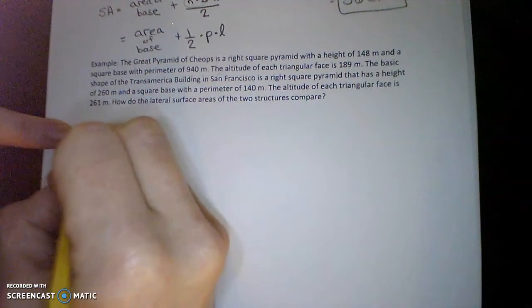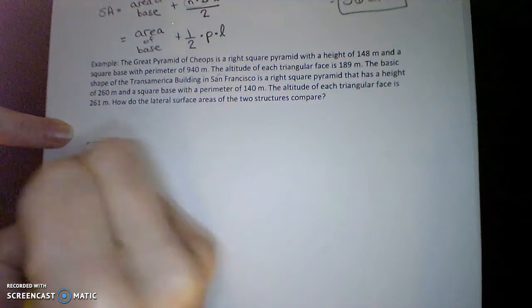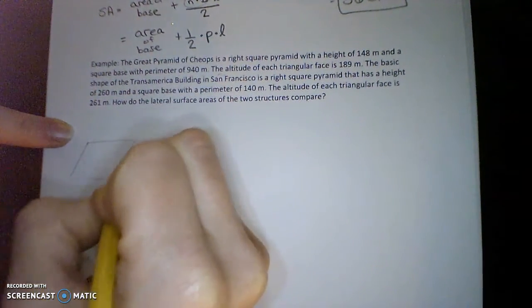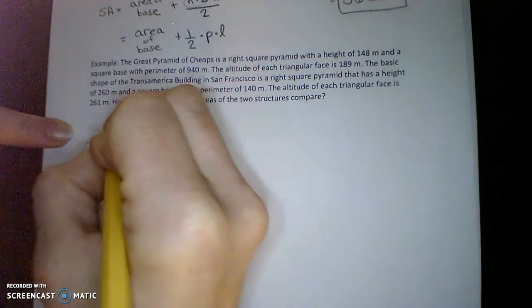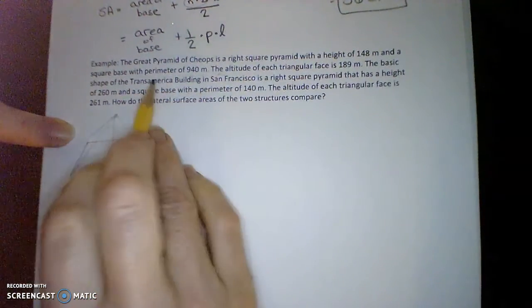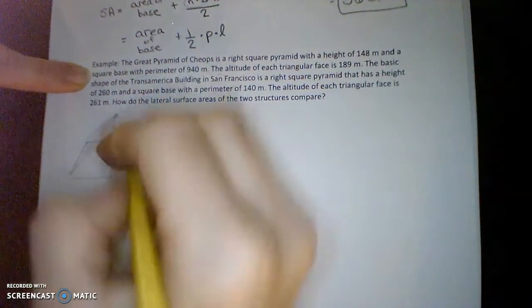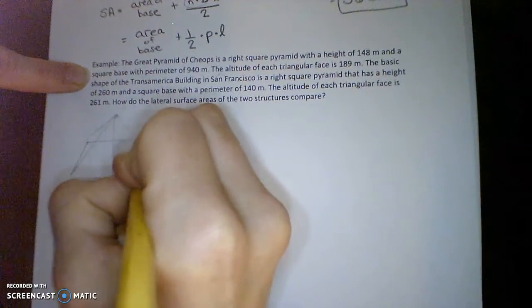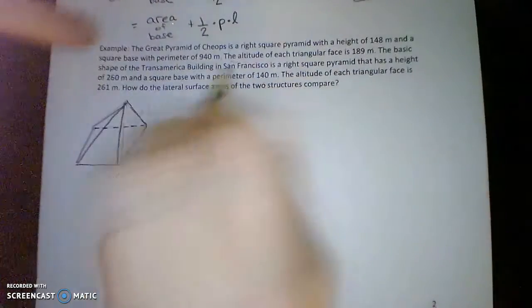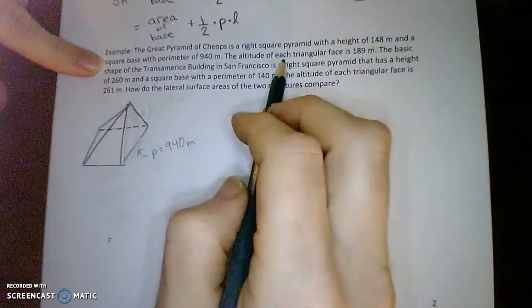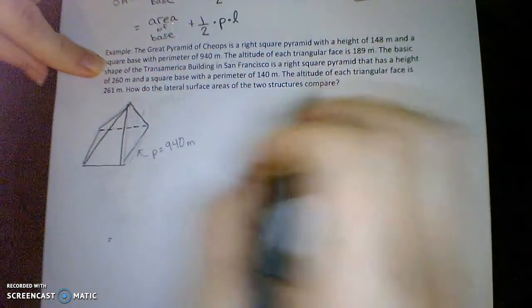So let's draw this out, the information that they've given us, and make sure that we have enough information. So here is the pyramid. They tell us the perimeter of the base, P equals 940 meters. And they also tell me the altitude of each triangular face is 189 meters.